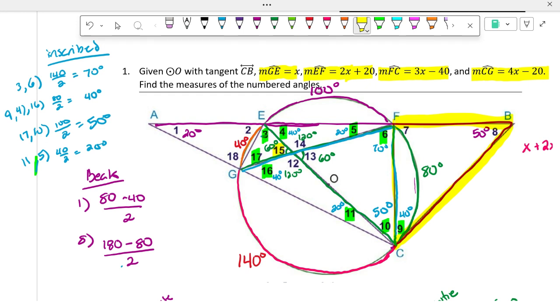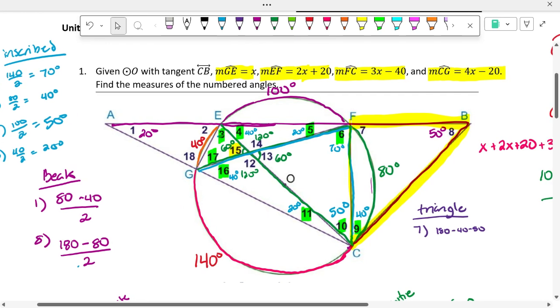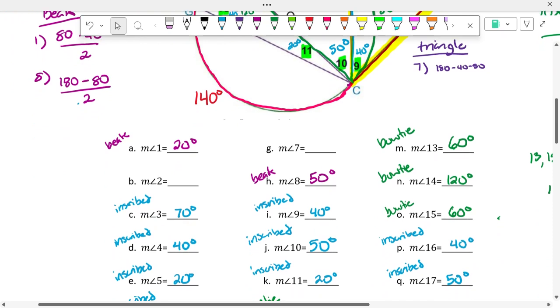Set it equal to 180. So this one's a special case where we use the triangle. If we add up 40 and 50 and subtract it from 180, what's that give you? 90. So angle 7's 90 degrees.